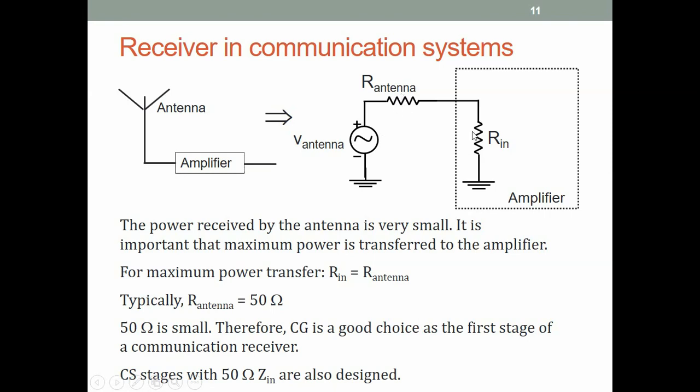Therefore, for maximum power transfer, we want Rin to be equal to R antenna equal to 50 ohms, which is a small number. Therefore, in communication receivers, common gate amplifiers are used as the first amplifier in the receiver chain because they can give small input resistances.